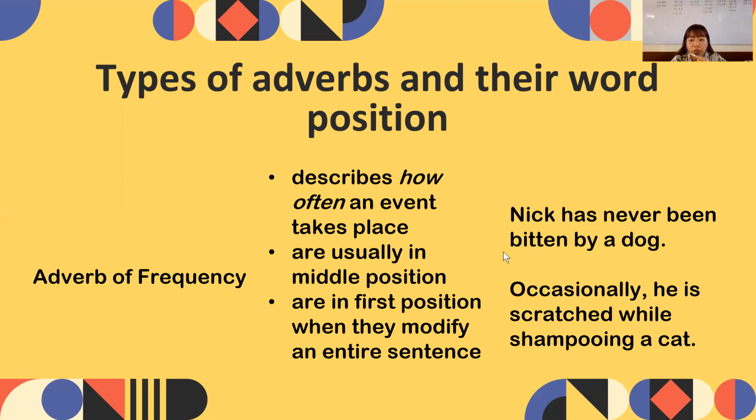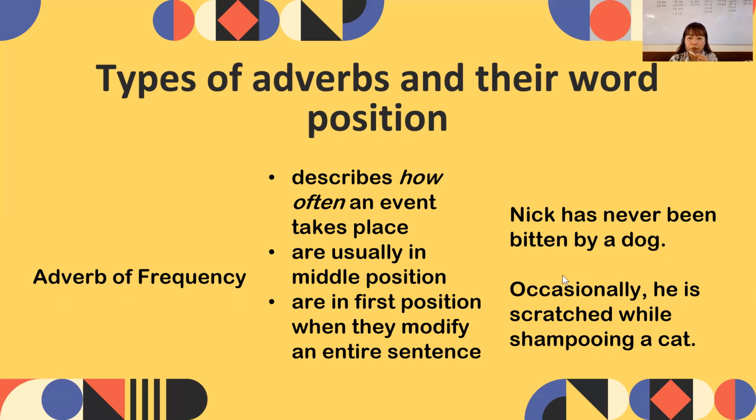So for adverbs of frequency naman, which act as modifiers of an entire sentence, it is placed at the beginning. For example, in the sentence, occasionally he is scratched while shampooing a cat. How often is he scratched while shampooing a cat? Occasionally. So ito yung example ng adverbs of frequency natin. These are called sentence adverbs.